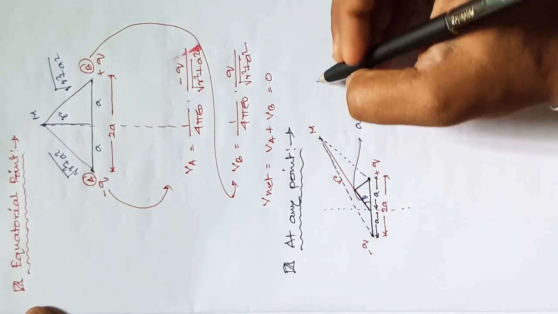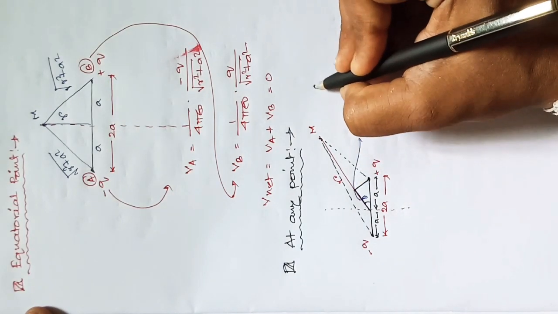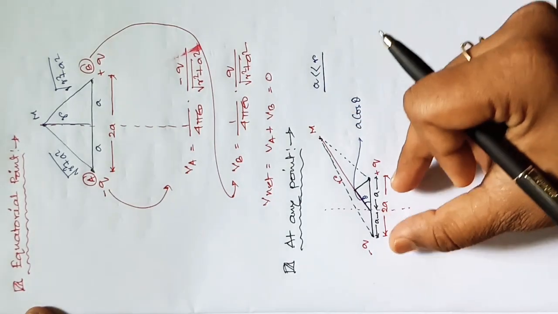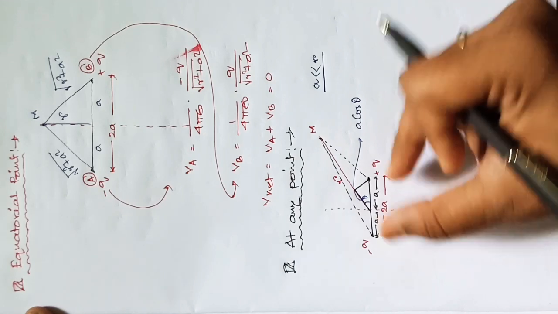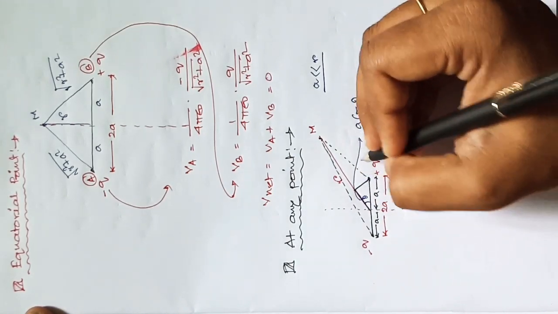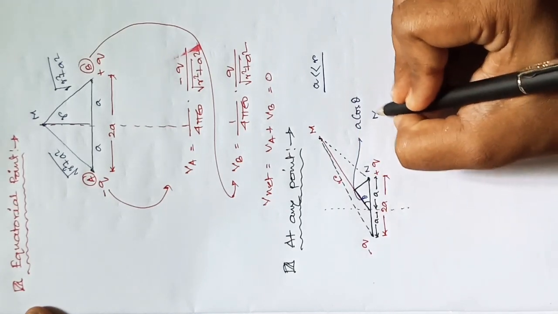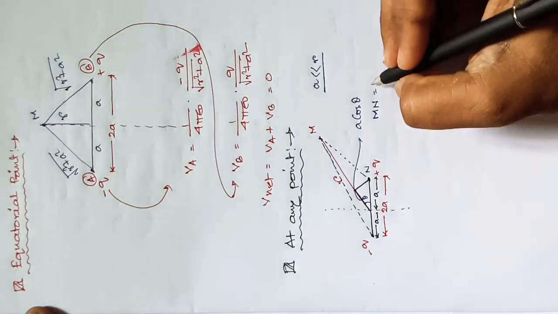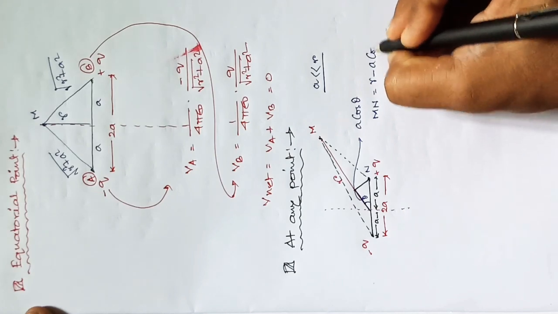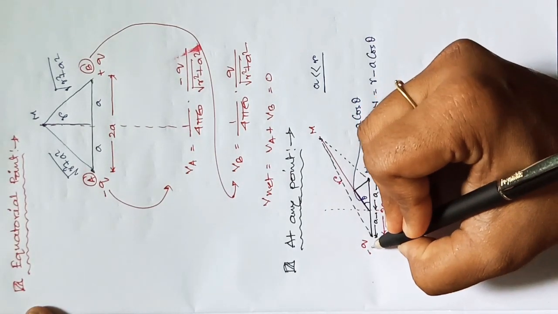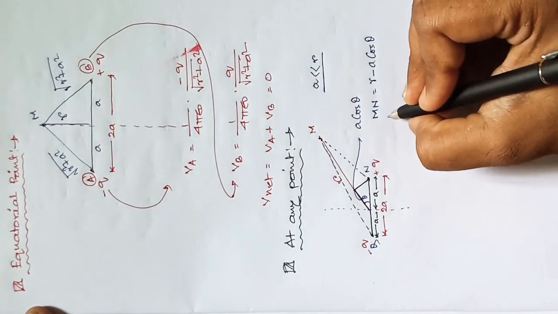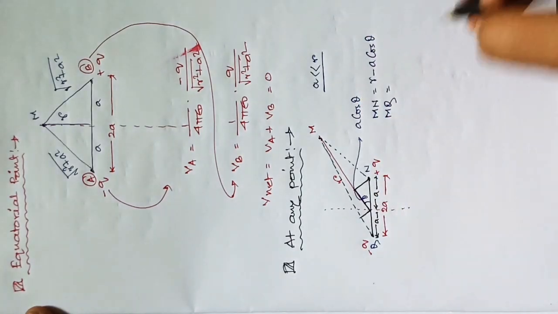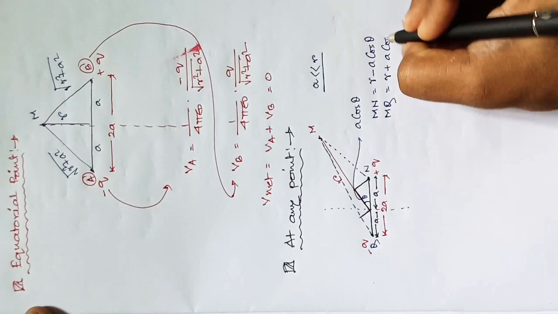As we have considered a is very much less than r, meaning the dipole separation is very small, so we can consider the distance MN as r minus a cos theta, and this distance MQ, in a similar way, if we draw the perpendicular over here, as r plus a cos theta.